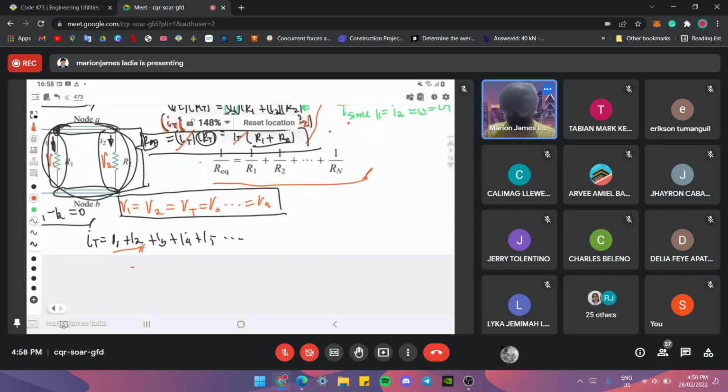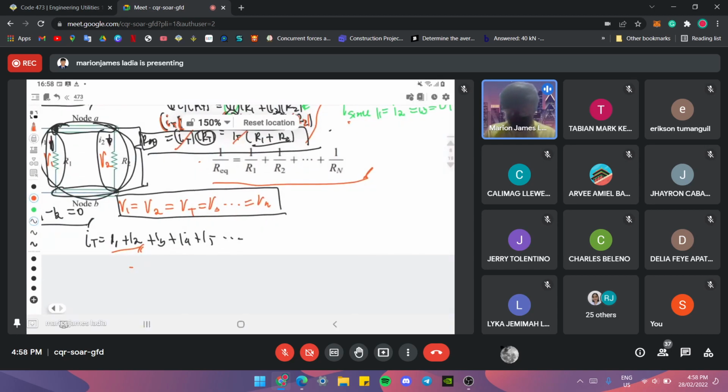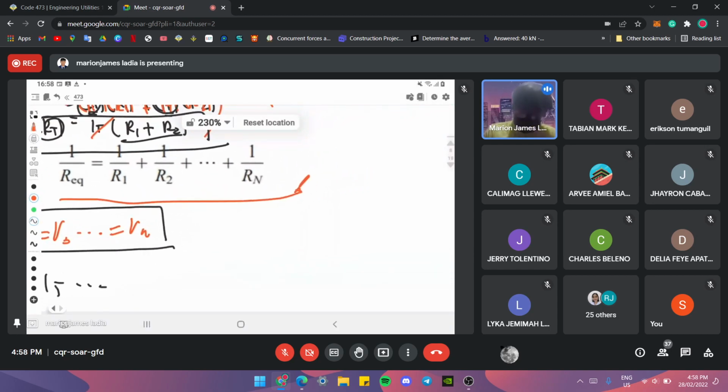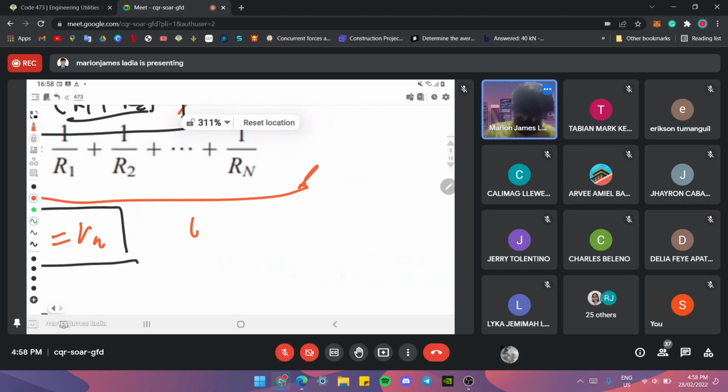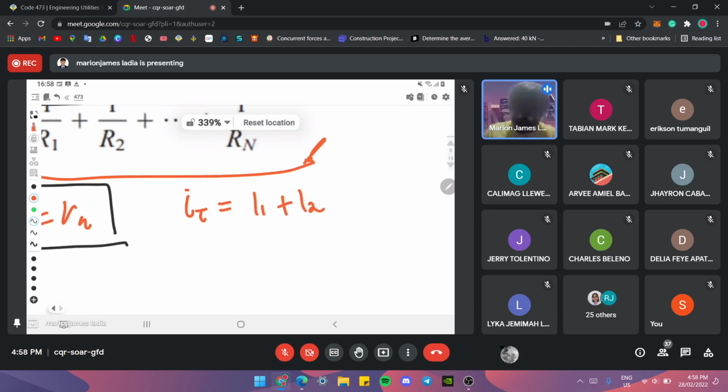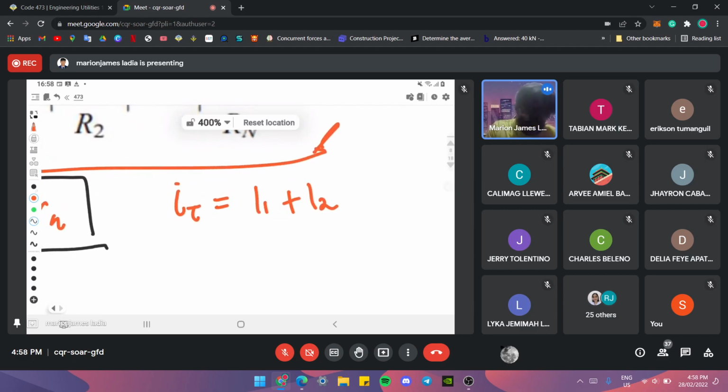So now, I total is equal to I1 plus I2. So let's stay with two resistors so you won't have a hard time. I total is equal to I1 plus I2. Right? So going back to our law, it is Ohm's law, which as I have said is the most important because with this, you can derive anything in electrical terms.